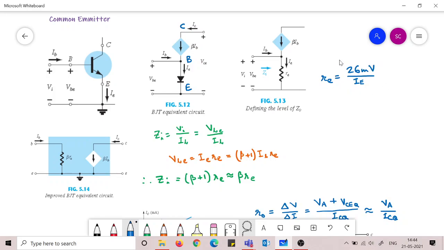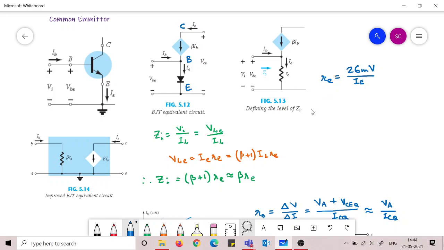By formula it was equal to 26 millivolt divided by capital I_E. Capital I_E means the DC current that is flowing through it. This is getting established by the Q point. I_E is nothing but I_C, the Q point current. 26 millivolt divided by that current gives you the diode resistance. Okay, so this is r_e.